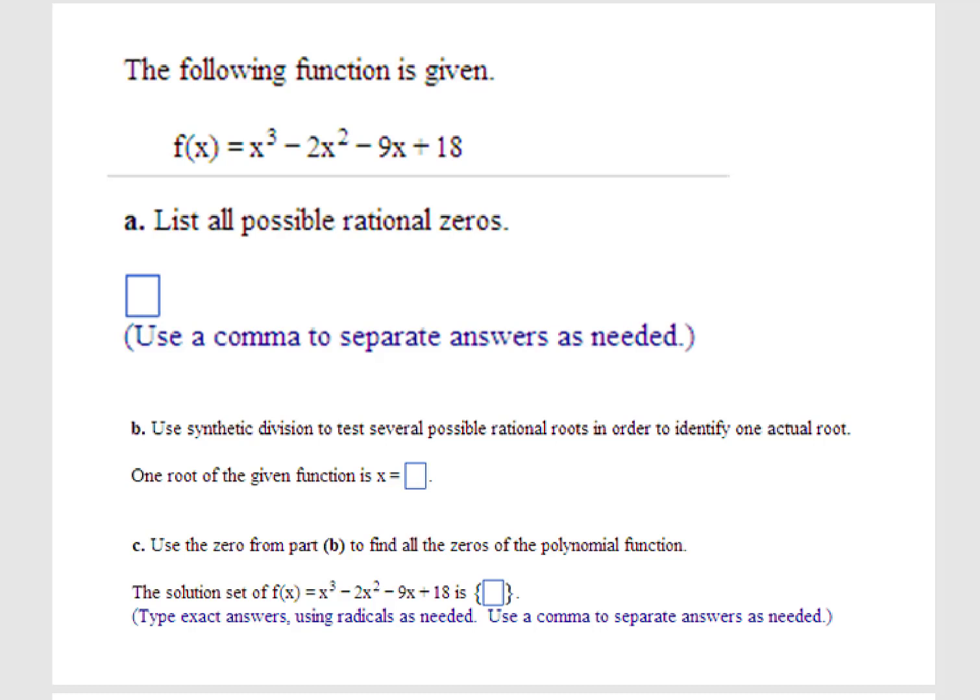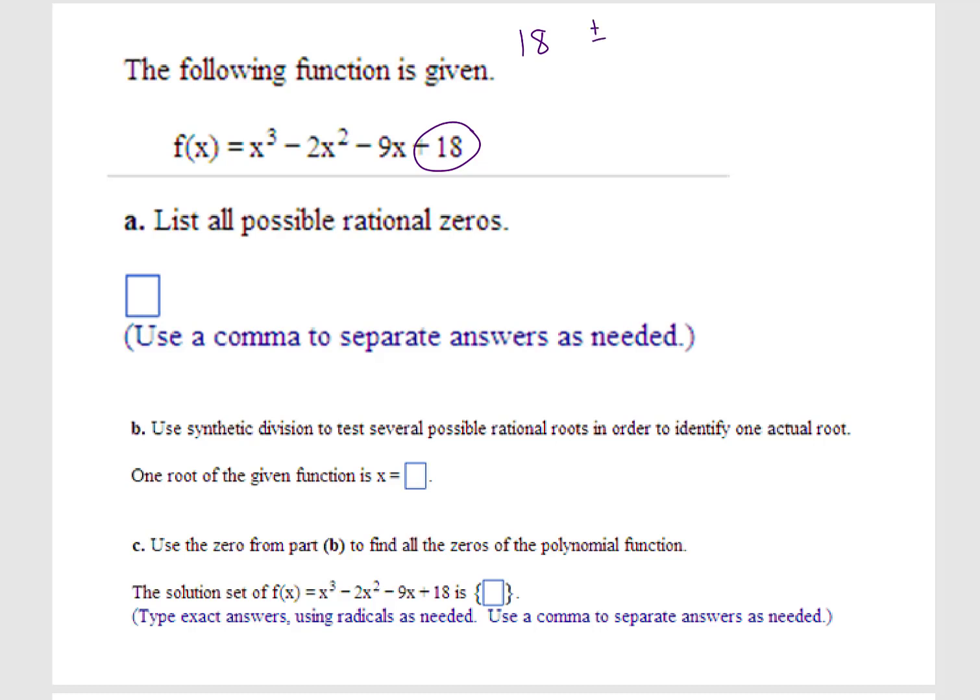So first off, in order for us to list all our possible rational zeros, we're going to take our constant and write all the factors out for that for our numerator.